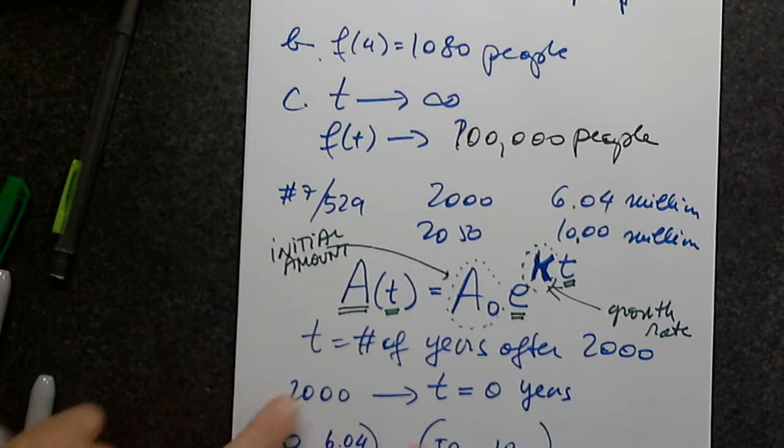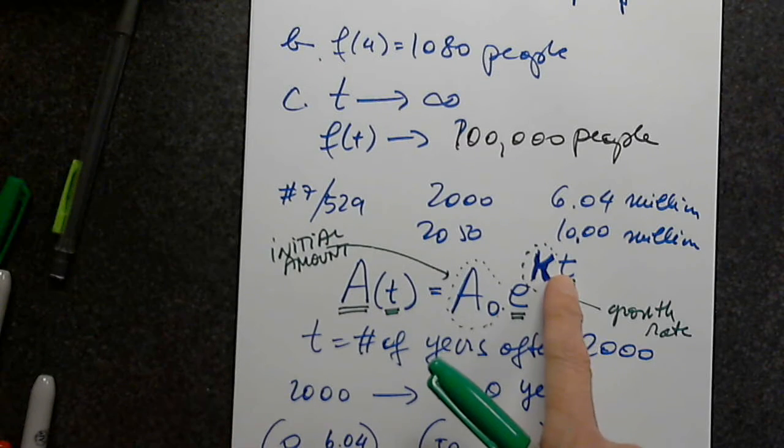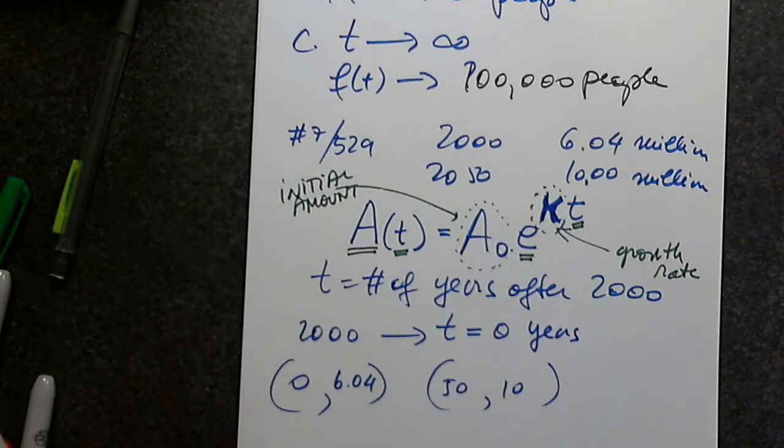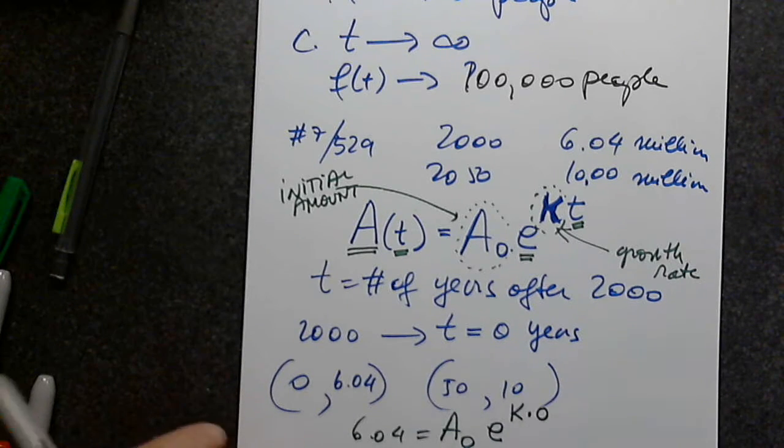Okay, so let's plug this one in. When the amount is 6.04, t is 0. So 6.04 equals the original amount times e to k multiplied by 0. But how much is k times 0? 0. k times 0 is 0.